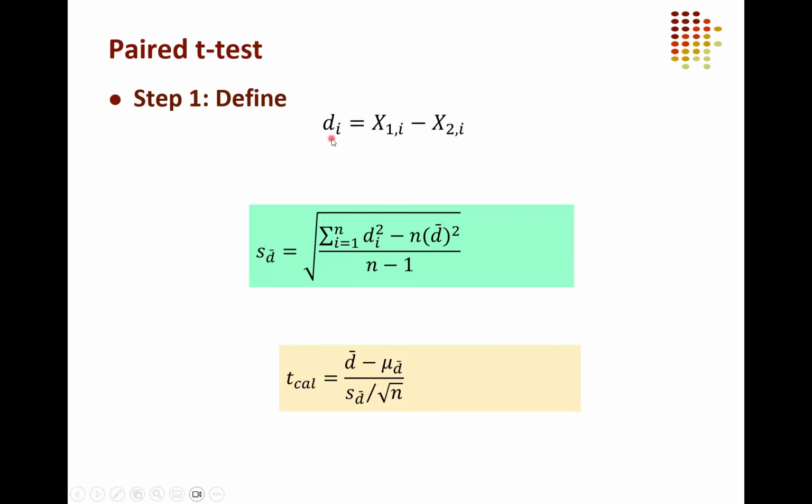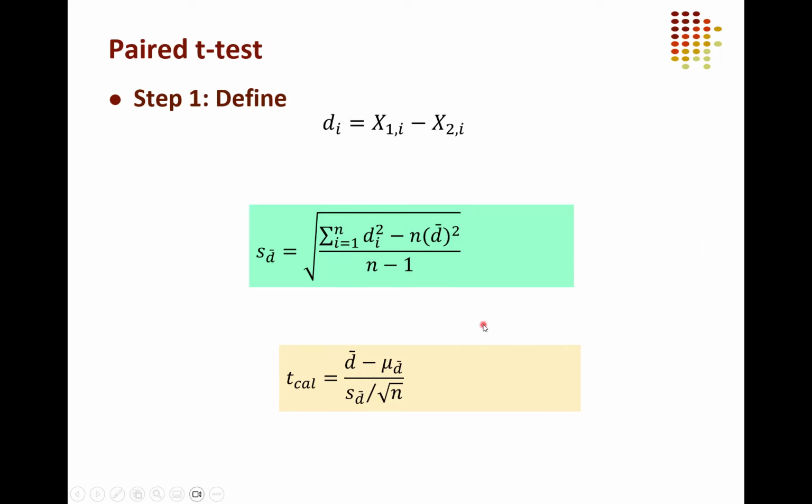So we can define the difference variable. We can calculate the standard deviation or variance. Variance is the fundamental quantity, variance and then standard deviation for the difference variable. And then we will apply the inference for the difference variable.